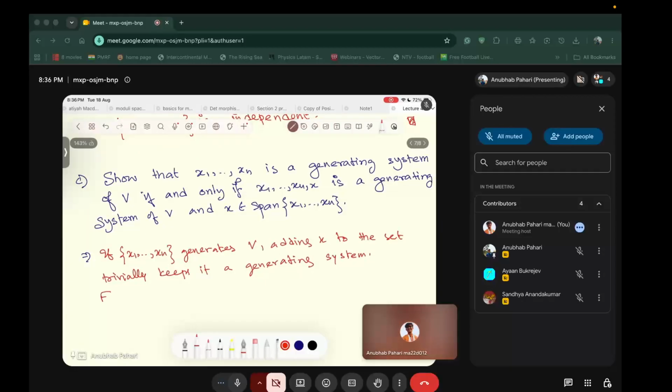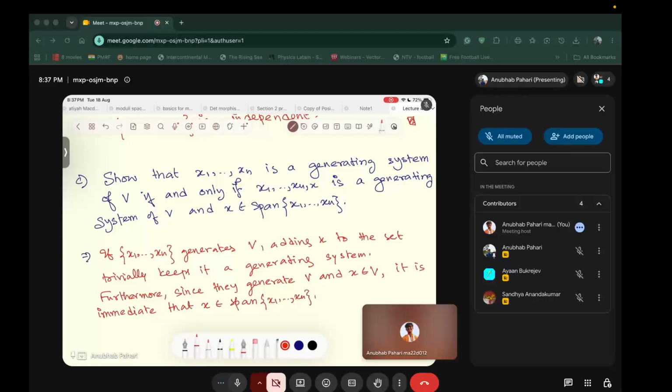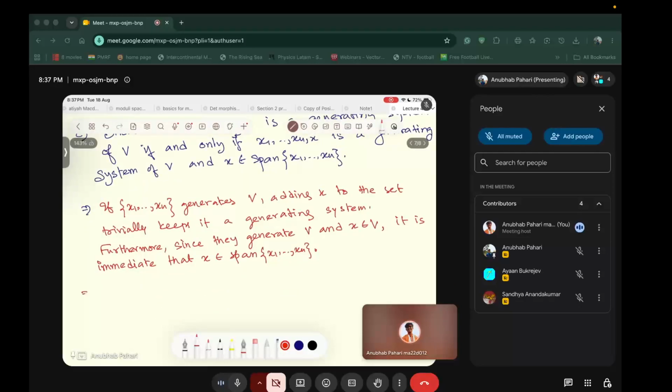Furthermore, since they generate V and small x belongs to capital V, it is immediate that small x belongs to span of x1 up to xn.